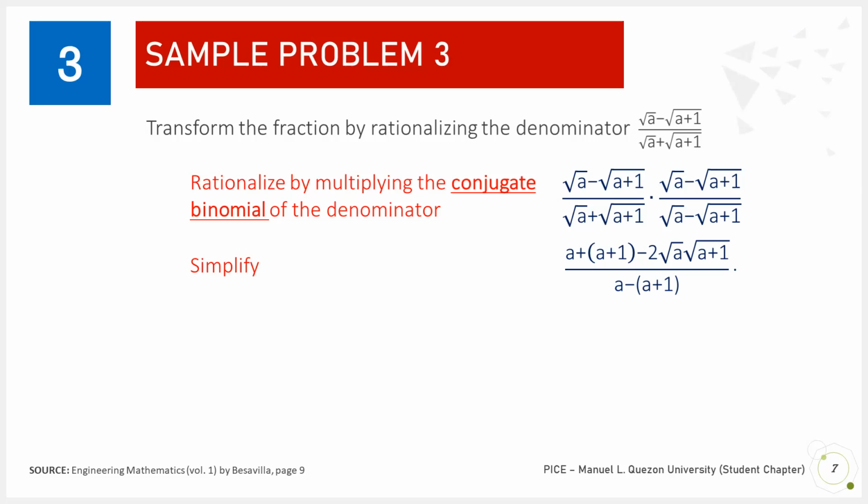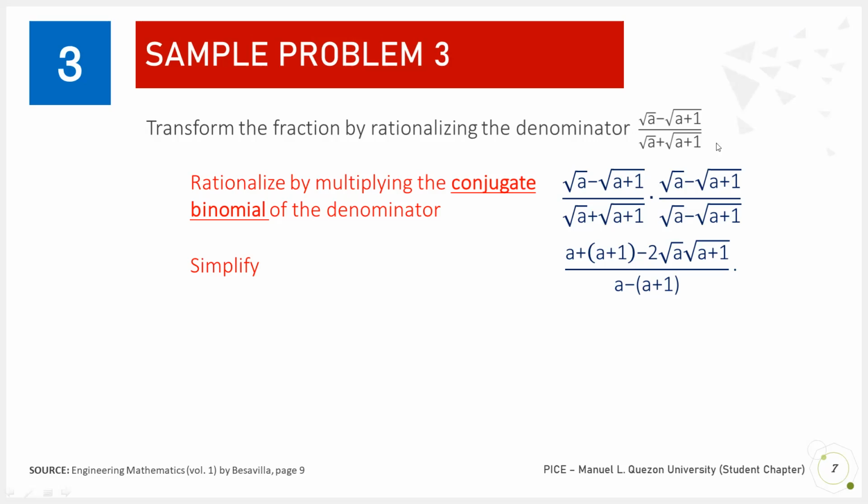And then kapag minultiply natin yung first term ng ating numerator doon sa second term ng ating conjugate binomial, which is negative square root of a plus 1, ang mangyayari is negative square root of a multiplied by square root of a plus 1.